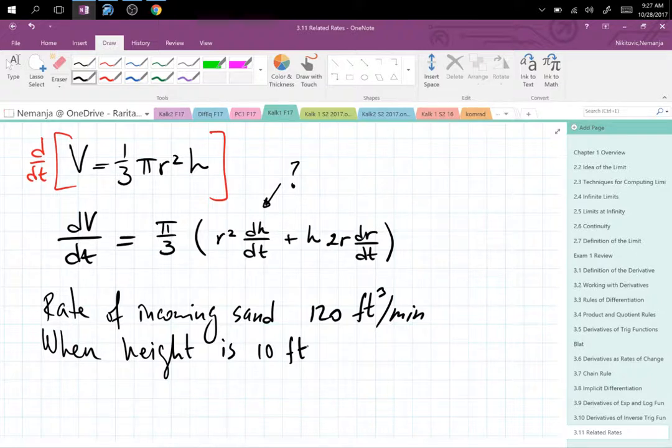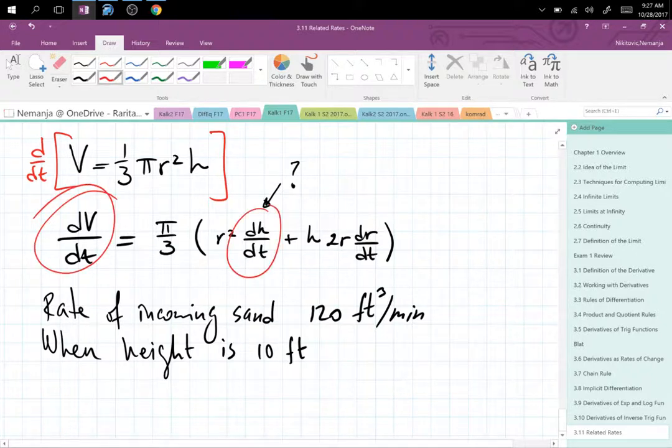And we also need another piece of information about the geometry of the entire thing so that we can actually do the problem. And that is either the rate dr/dt, the change in radius, because if you take a look, we are looking for this, so that's okay.